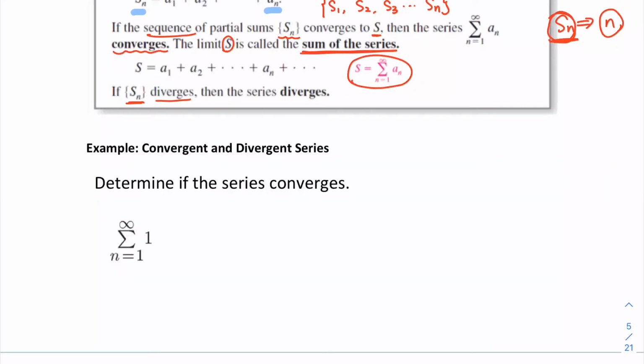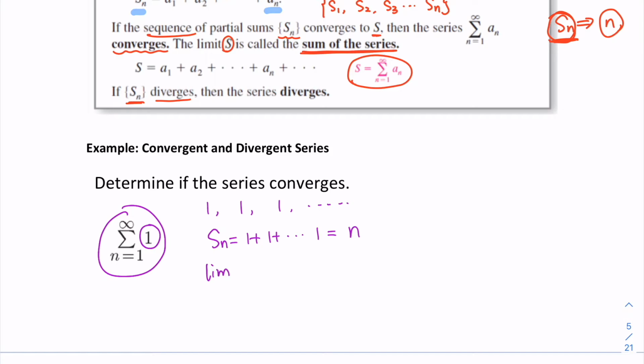Let's have a look at this example. How do we determine if the series given here converges or diverges? If you look at a of n here, a of n equals 1, that means the sequence will be 1, 1, 1, all ones. So S of n will be 1 plus 1 plus, you have n ones, so S of n equals n. As n goes to infinity, S of n will be infinity.